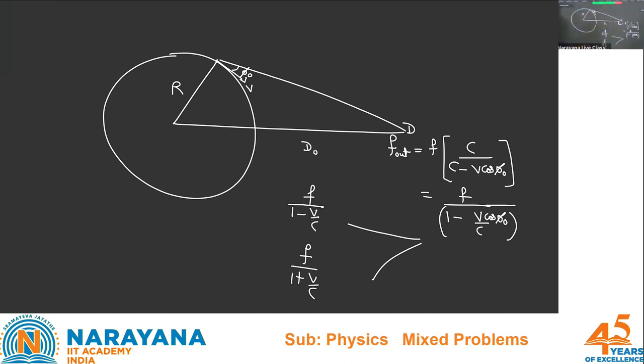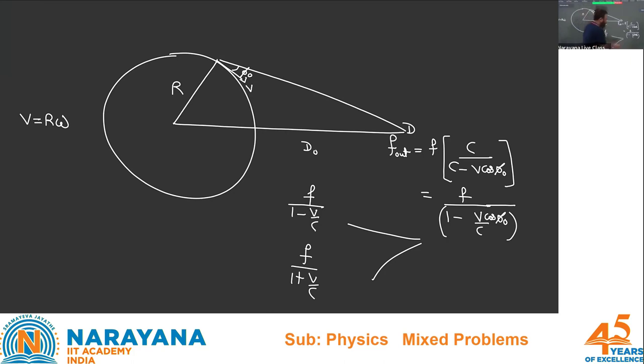Write f apparent inside. Write it, let's see. Remember this v that I have used everywhere is r omega.